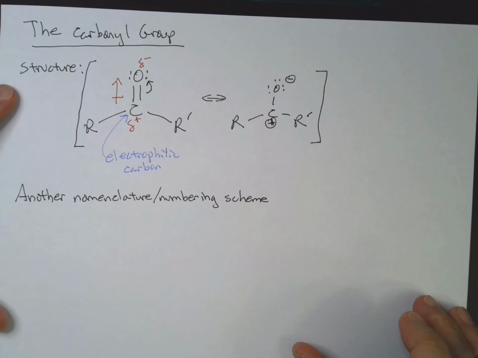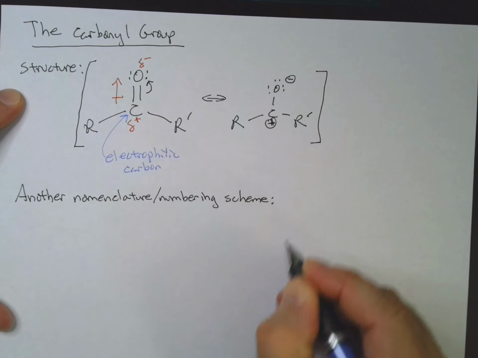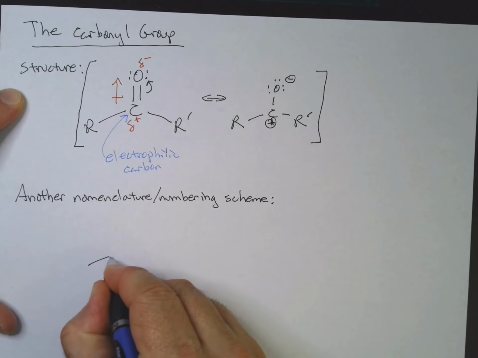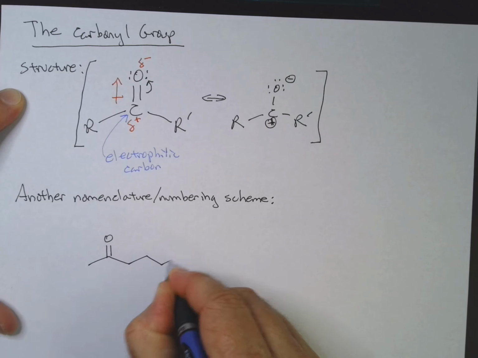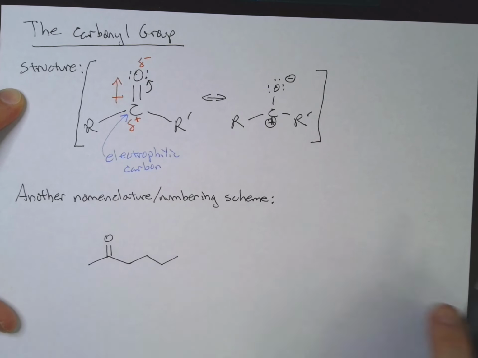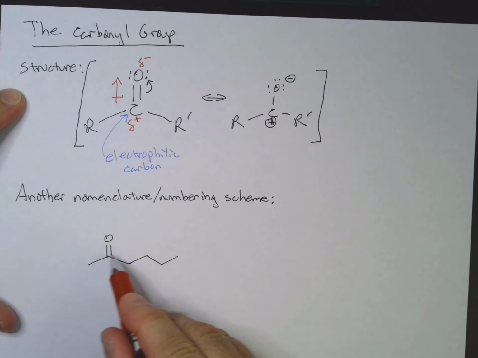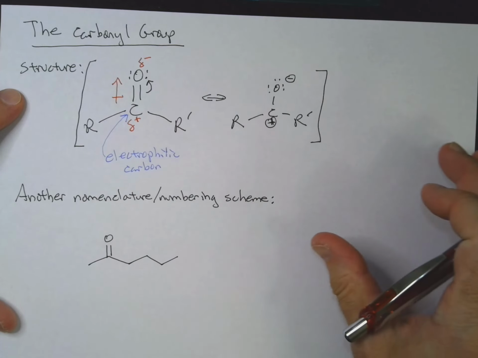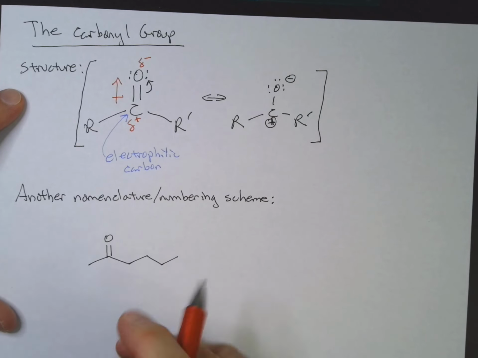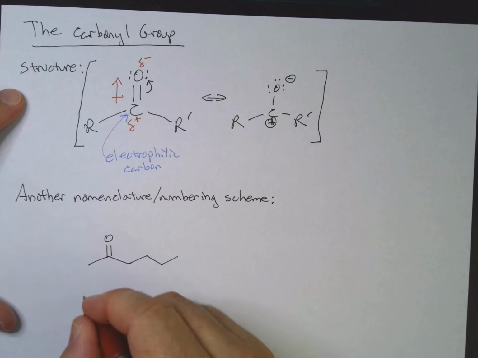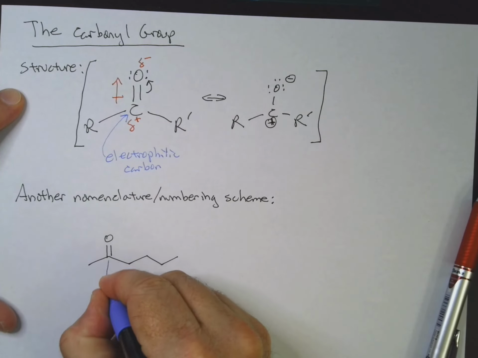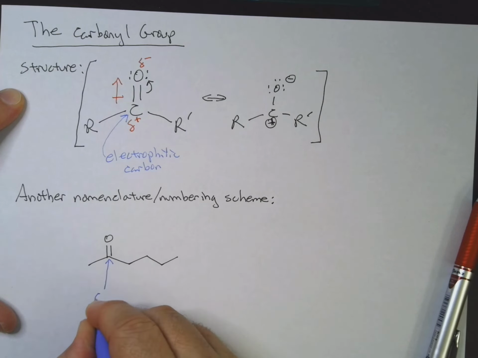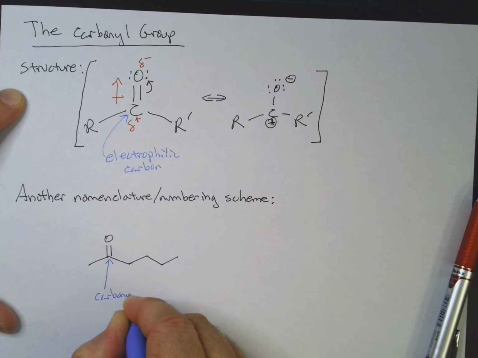another nomenclature numbering scheme. If I have a long chain, whether it's an aldehyde, ketone, whatever, I can use Greek letters to indicate my carbons.